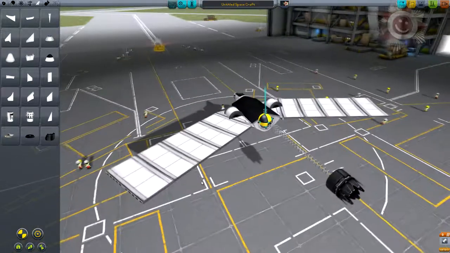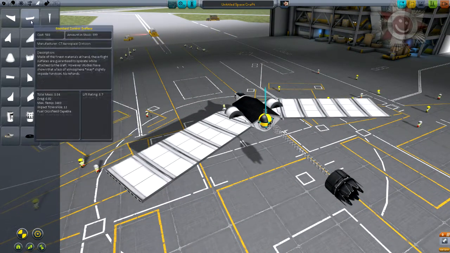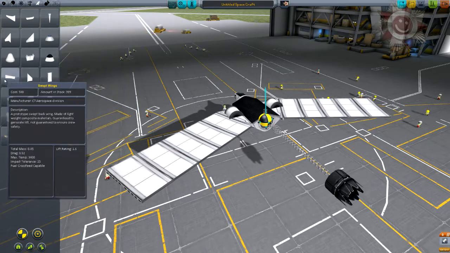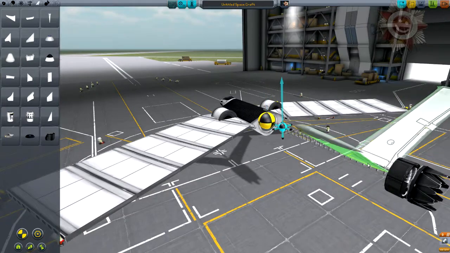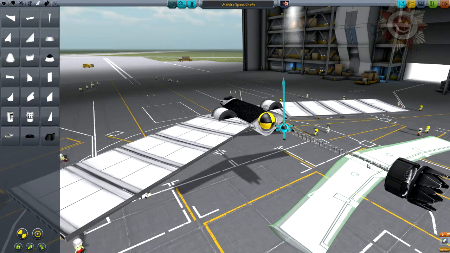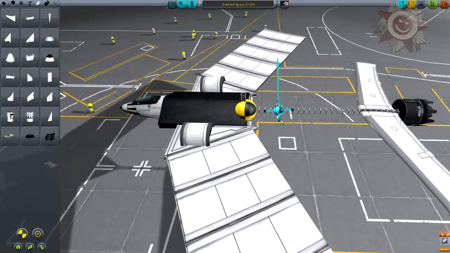So what we need to do is put a tail on the plane, maybe use these wings like so, and now we can see that we are almost there. This is almost perfect.